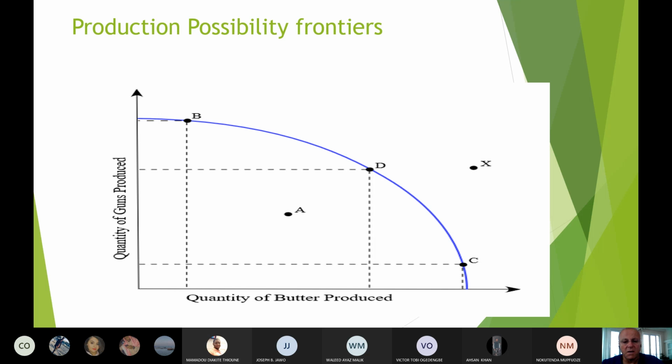Therefore, in this production possibility frontier, if we choose any of these, it is the optimal bundle for the given scenario.